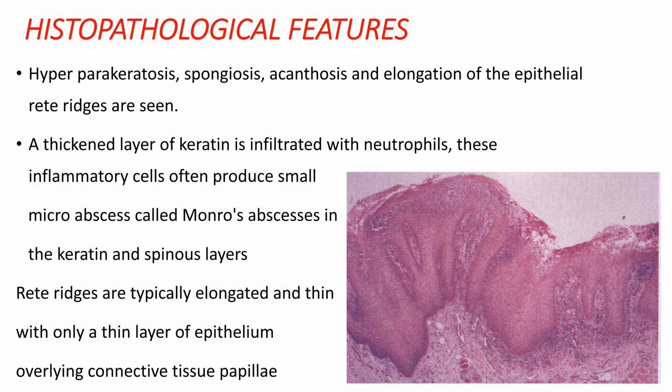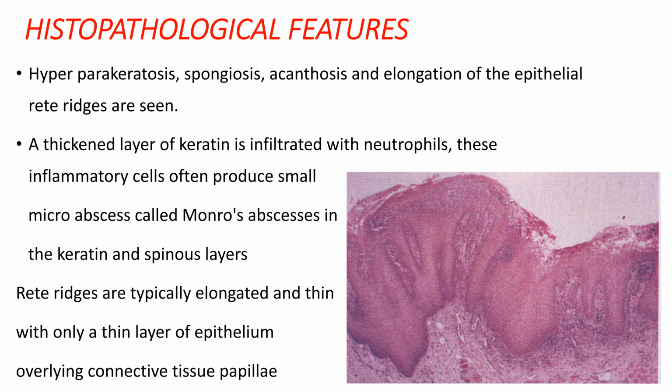If a biopsy specimen of the peripheral region of erythema migrans is examined, a characteristic histopathologic pattern is observed. These are the histopathological features seen under the microscope: hyperparakeratosis, spongiosis, acanthosis, and elongation of the epithelial rete ridges. In hyperparakeratosis, you can see an increase in the keratin layer above the surface epithelium.